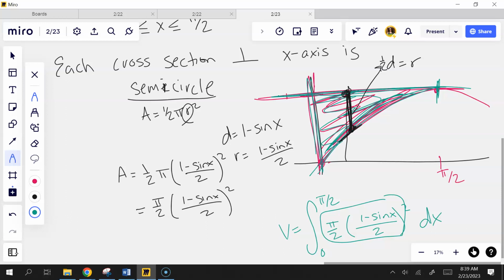Sine x squared. Close the top, divide by 2, close that, and squared. 1, 2, 3, 4. 1, 2, 3, 4.